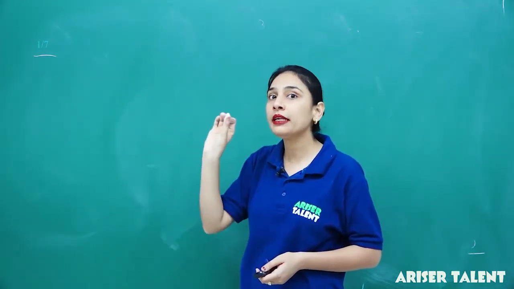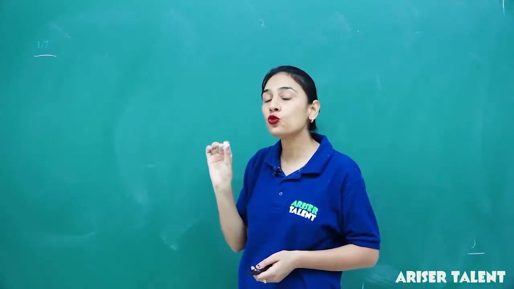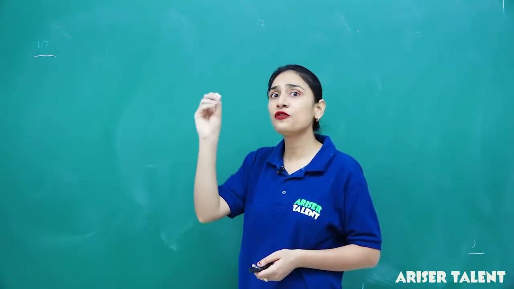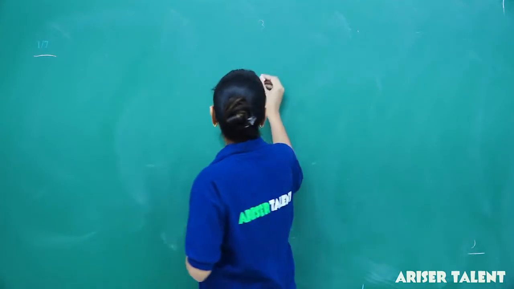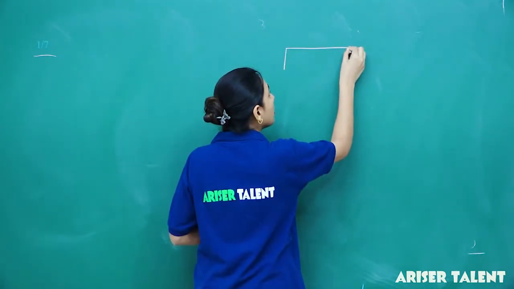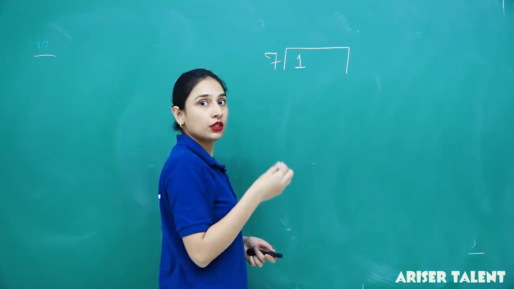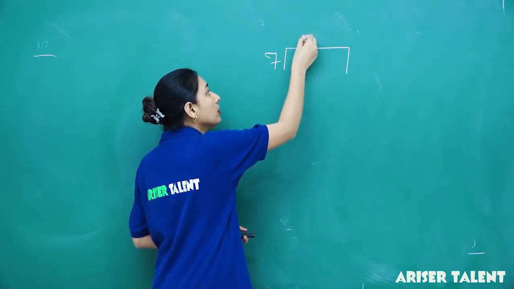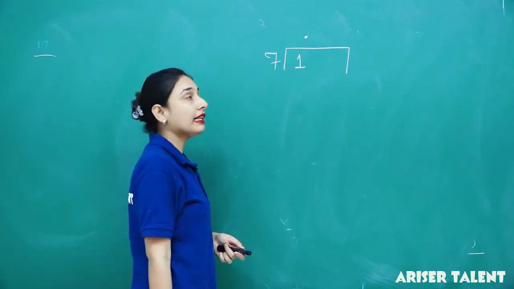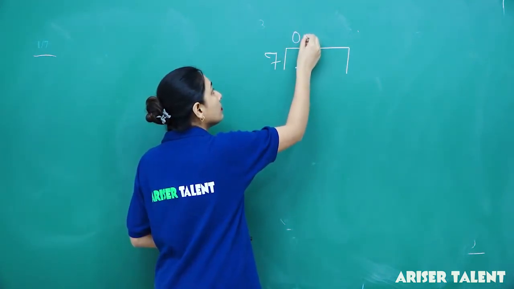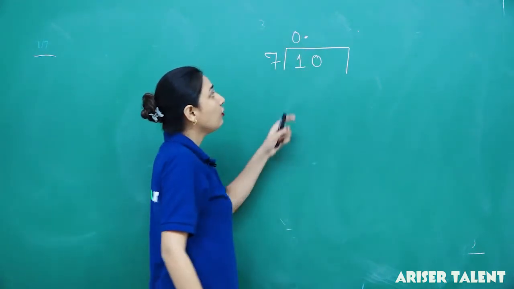We will simply divide it like we used to do in our class 5th and 6th. Now, 1 by 7, it cannot be divided, so we'll put a decimal here and borrow a 0.